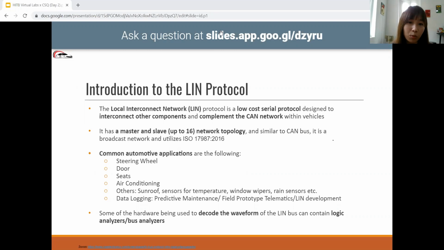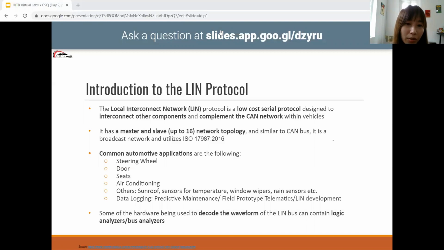The common automotive usage is for the slower applications within the vehicle, for example, door, seats, AC, sunroof, rain sensors, anything that's not critical to the vehicle. Anything critical in the vehicle has to be of higher speed. So the LIN protocol is pretty slow, but it's cheaper to implement.